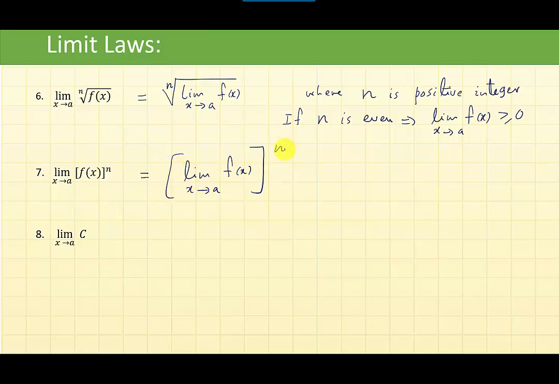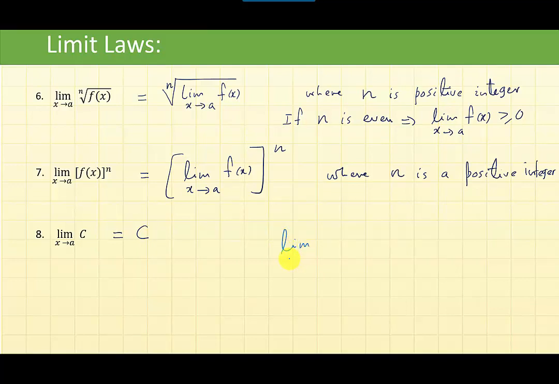Again, n has to be a positive integer. Now the third one, the last one, the limit as x goes to a of a constant c. Since c doesn't have anything to do with x, you get the answer as the constant. Now let's look at a simple example.